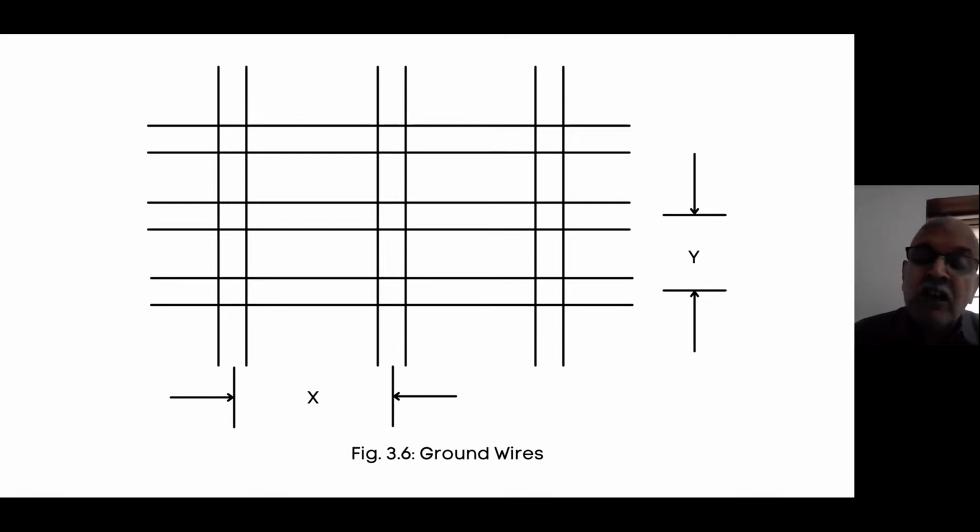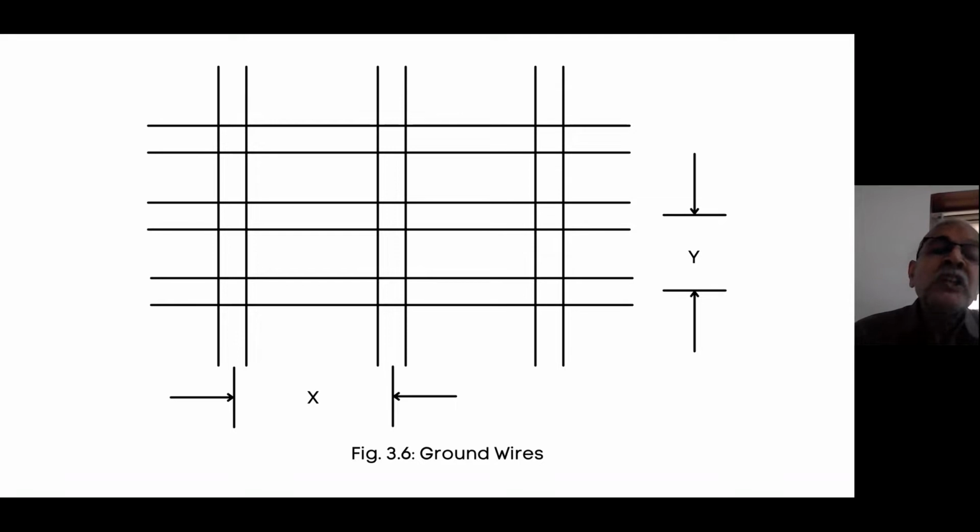But the wave travels. No doubt, while the wave is traveling, the magnitude will be less because some current will leak through the line insulators, and because there is a length, the wave shape will also change.